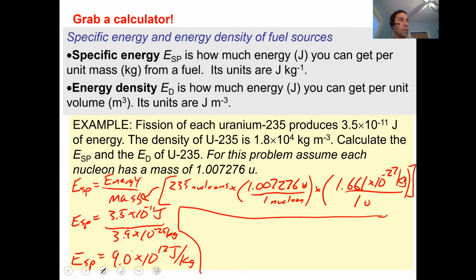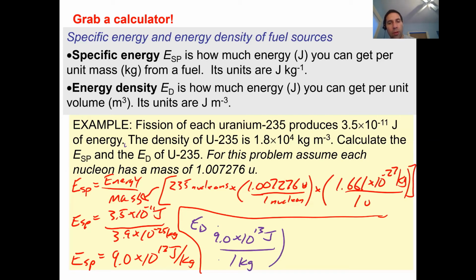Okay, now let's calculate energy density. Now that we have the specific energy, we can calculate energy density pretty simply. Because notice, the specific energy is 9.0 times 10 to the 13th joules per 1 kilogram. And then notice the problem gives me the density, right? So I want meters cubed on the bottom. I don't want kilograms on the bottom.